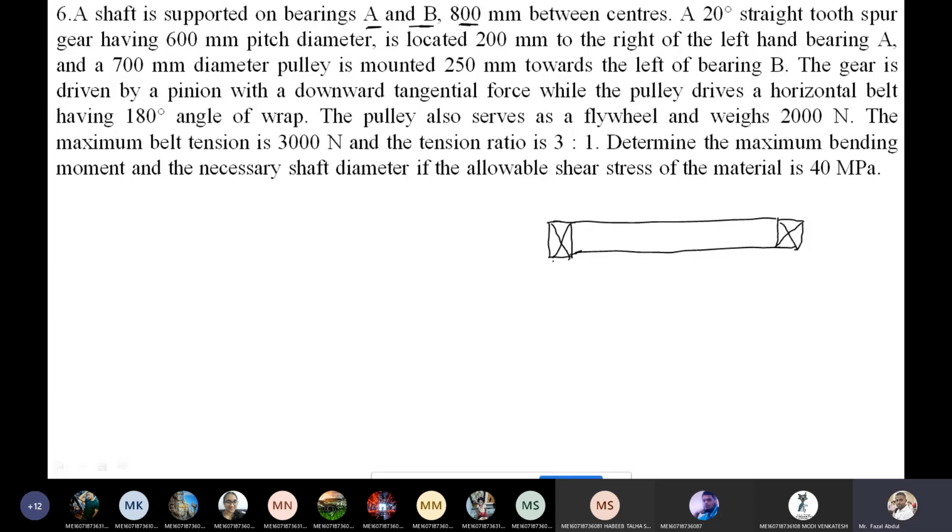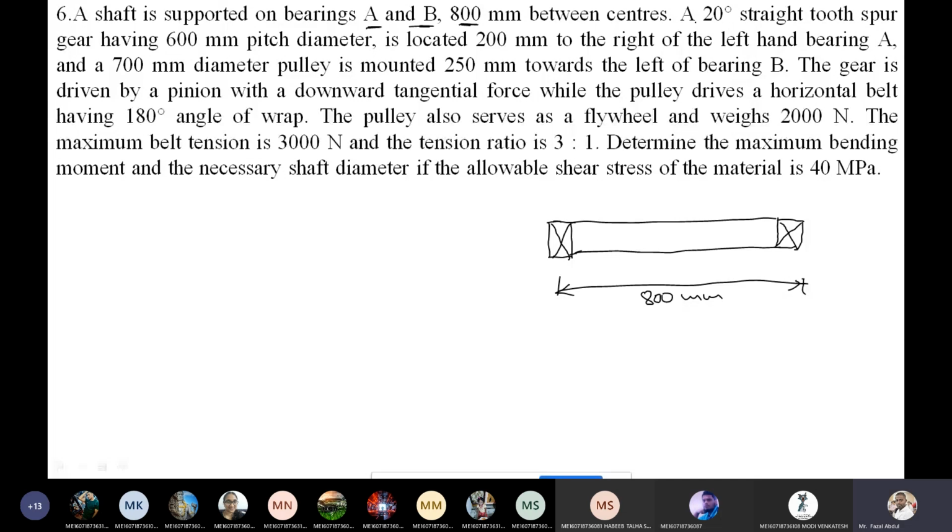The distance between these two is 800 mm.